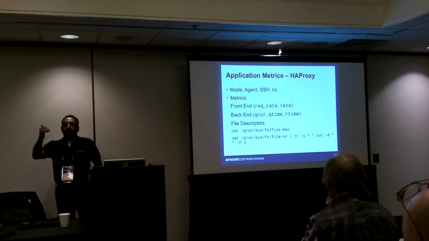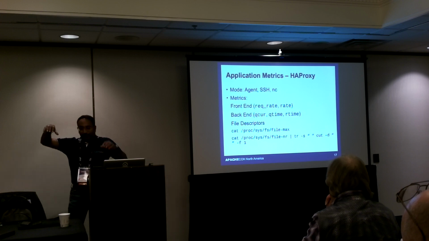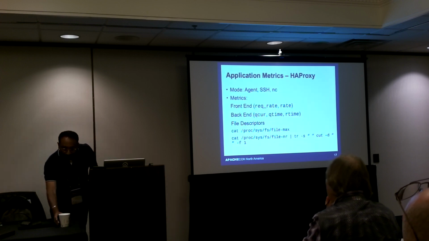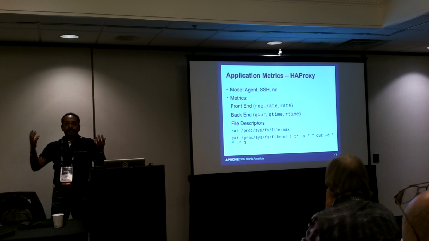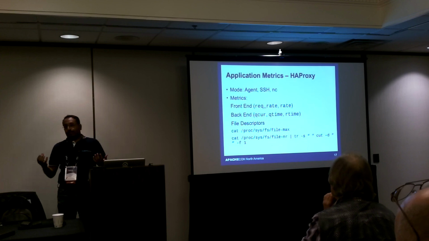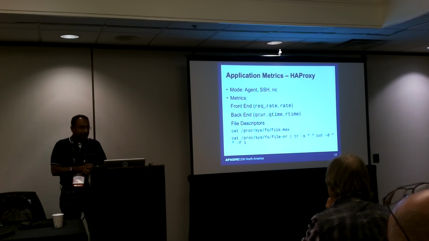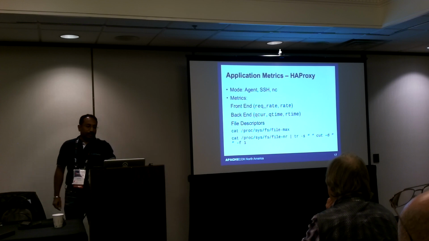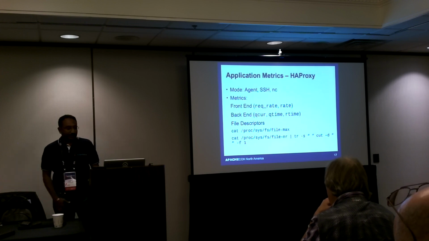Then we use HAProxy for load balancing between multiple CloudStack management servers. From the perspective of monitoring HAProxy, the HAProxy is also installed as a pair. So we need to definitely look at a couple of parameters: the request rate, the rate at which the responses are being served.